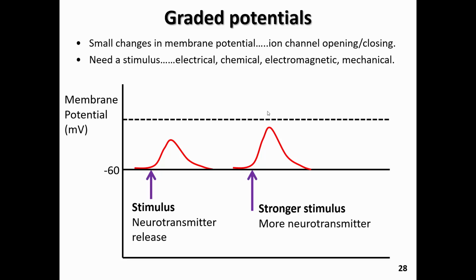And that is what we call a graded potential. And recall that this baseline here is the resting membrane potential, and the dotted line represents a threshold. So as long as this neuron potential stays below the threshold, it will return back to its resting state.